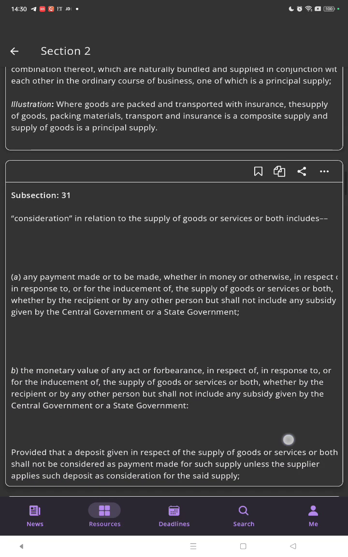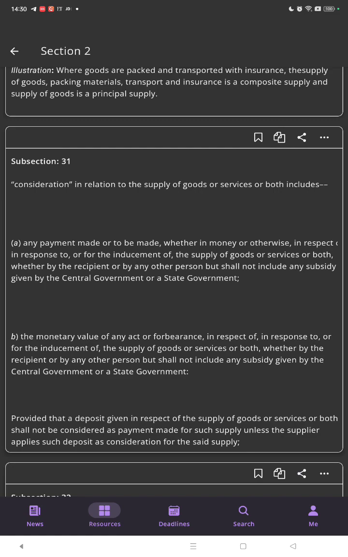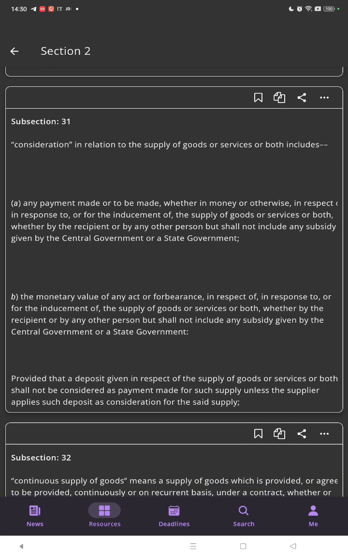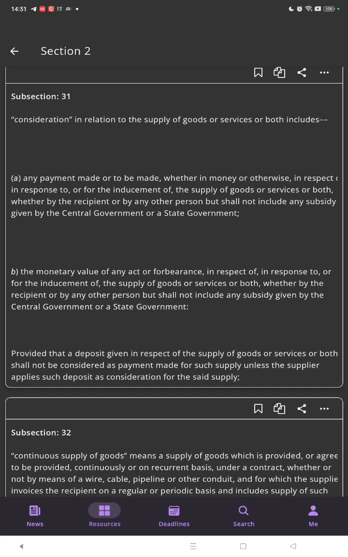Subsection 31. Consideration in relation to the supply of goods or services or both includes any payment made or to be made, whether in money or otherwise, in response to or for the inducement of the supply of goods or services or both, whether by the recipient or by any other person, but shall not include any subsidy given by the central government or the state government.